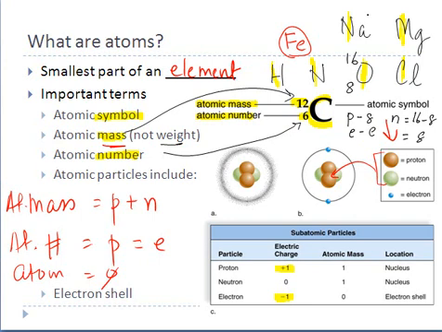For sodium, I'm going to write down 23 as the atomic mass, and the atomic number is 11. If I do the same breakdown, protons would be 11, electrons would be 11, and the neutron number would be 23 minus 11, and that is 12. So this is how you would find out the number of the subatomic particles for each atom.